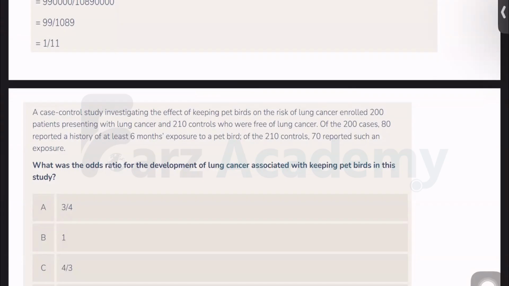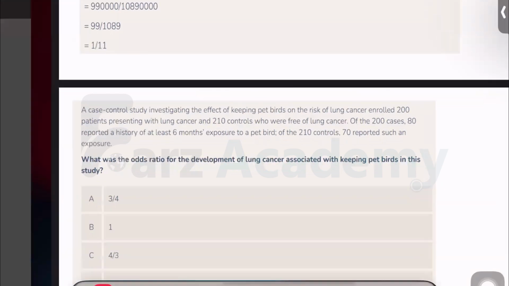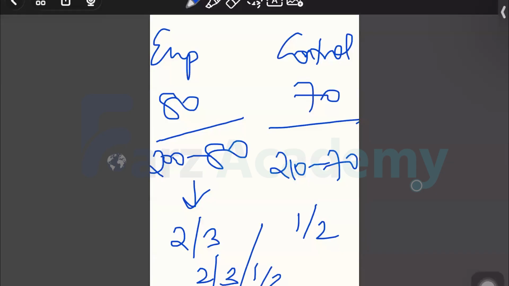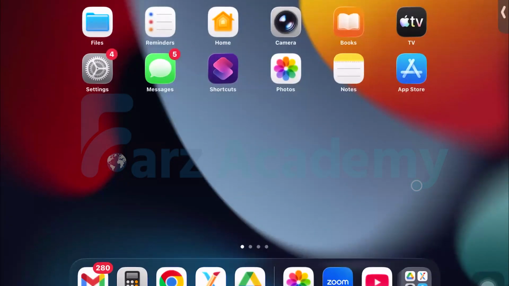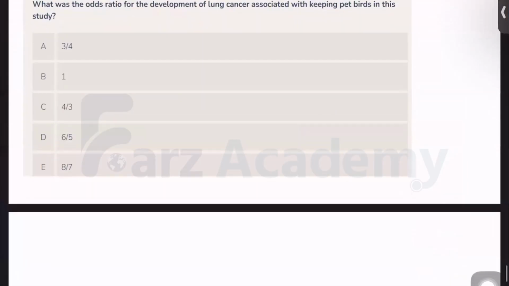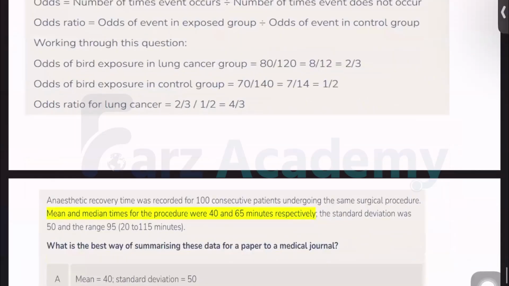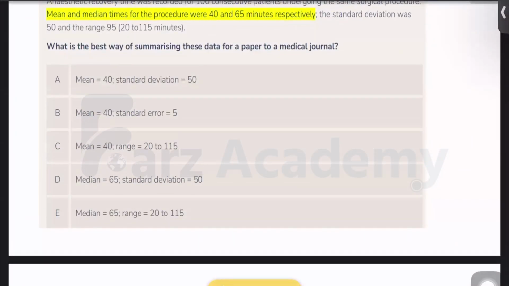You have to subtract the positive exposures. That is why 80 upon 200 minus 80, 70 upon 210 minus 70. So 80 upon 120 would always be 2 by 3, and 70 by 140 is half. So 2 by 3 divided by 1 by 2, that means it is 4 by 3. Okay, so the answer is 4 by 3. Next.